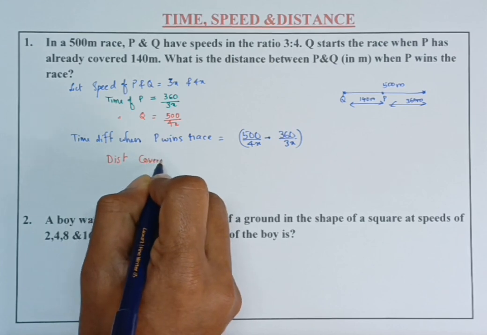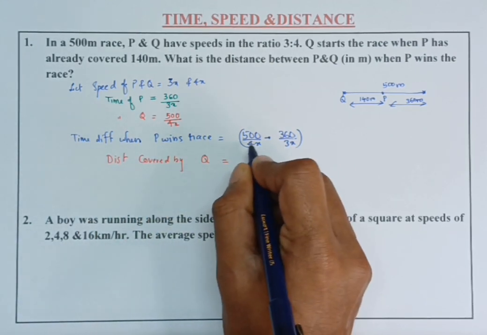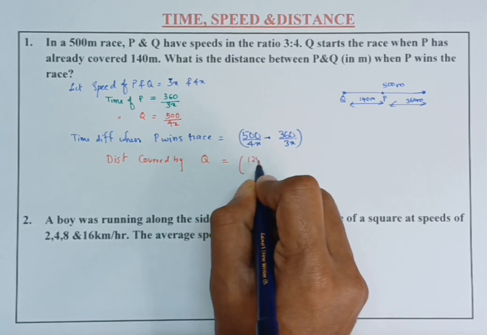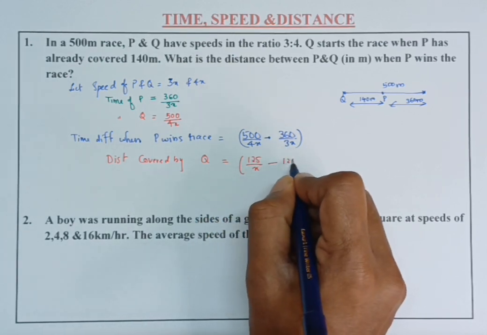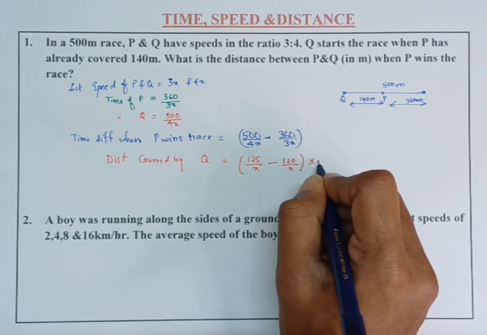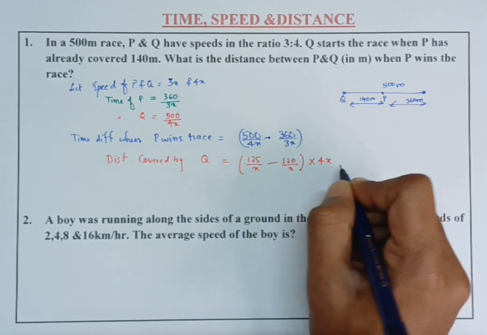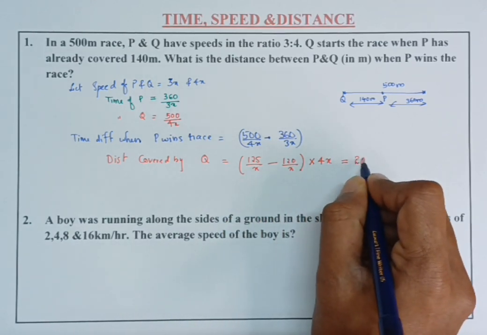Distance covered by Q will be equal to, this can be cancelled, and that will be 125 by x, and while cancelling this it will be 120 by x, and he is traveling with the speed of 4x. So this will be 20 meter.